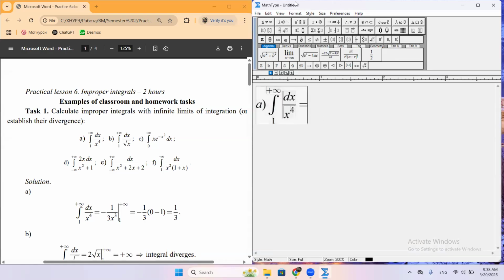So the antiderivative is the following: minus 1 over 3x cube with substitutions from 1 to infinity, plus infinity.